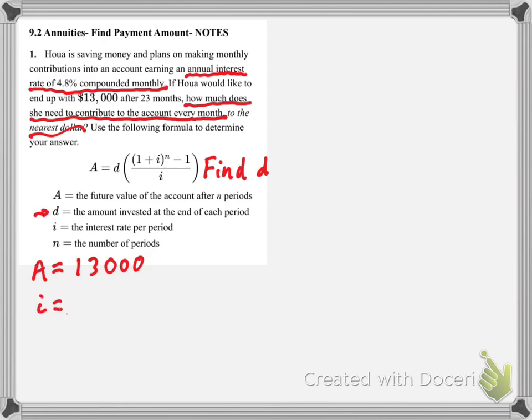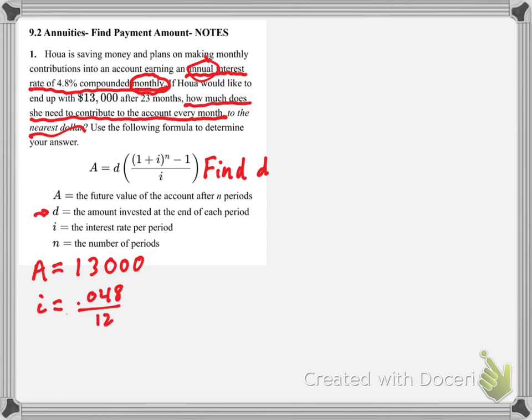Now here's the thing. It says annual interest rate of 4.8% compounded monthly. So we need to find the monthly interest rate. So we're going to take 4.8%, so 0.048 divided by 12 months, because there's 12 months in a year.